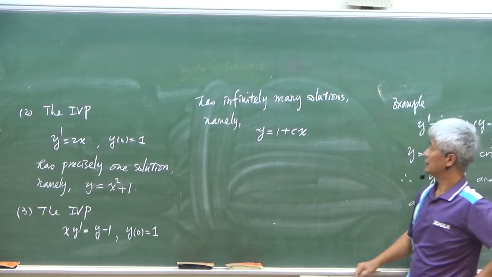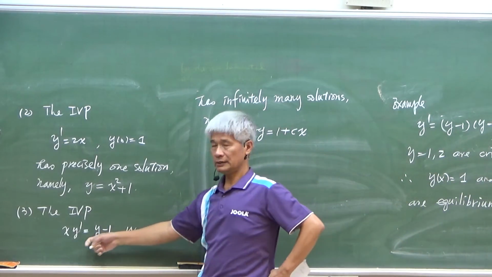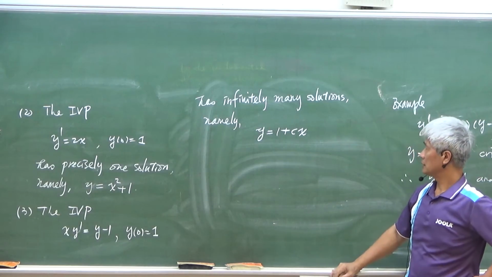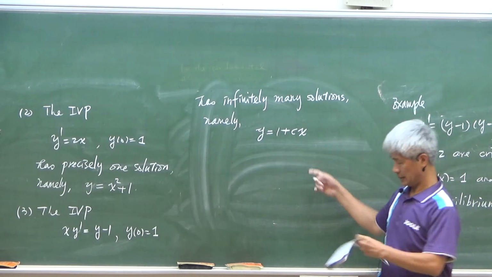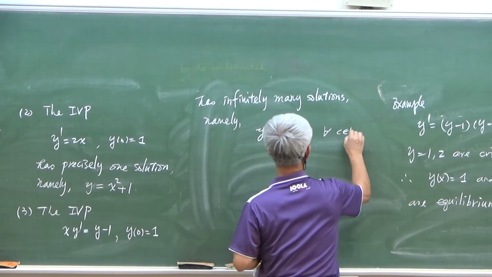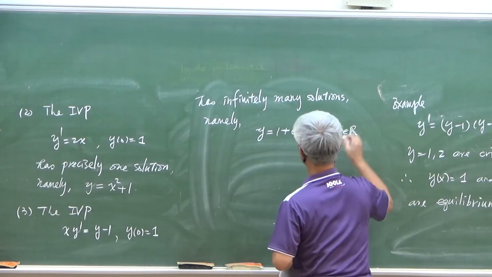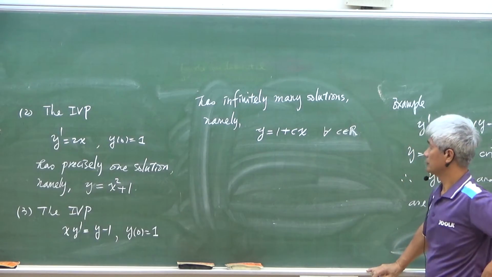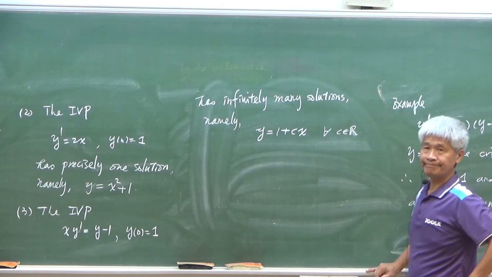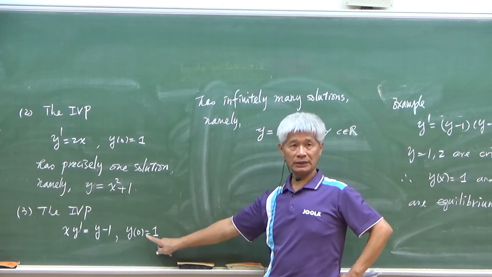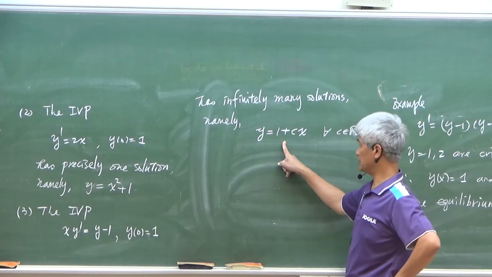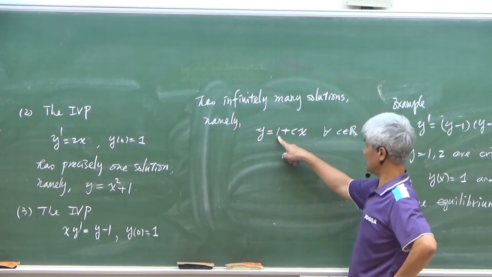So you can check that this IVP has infinitely many solutions, which are y equal to 1 plus Cx. So C can be any real number. You can see that the initial condition is satisfied automatically because when we put x equal to 0, this is 1, always 1.